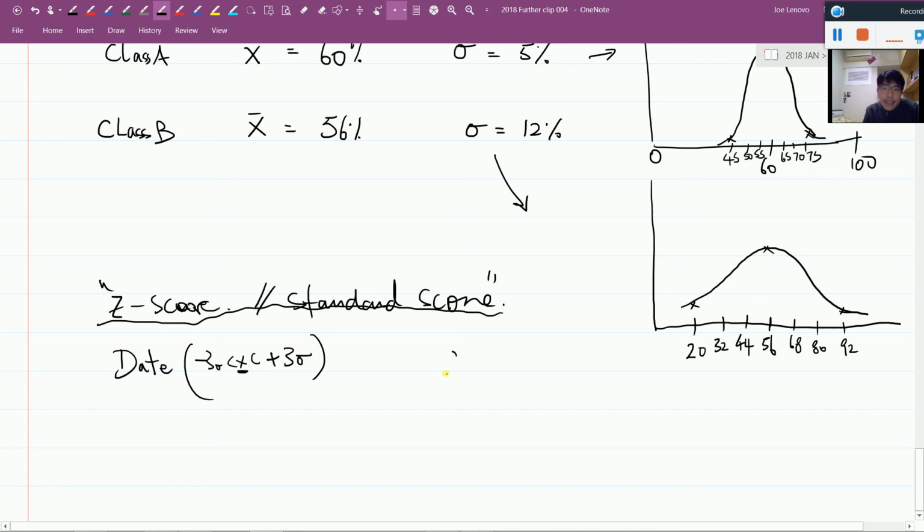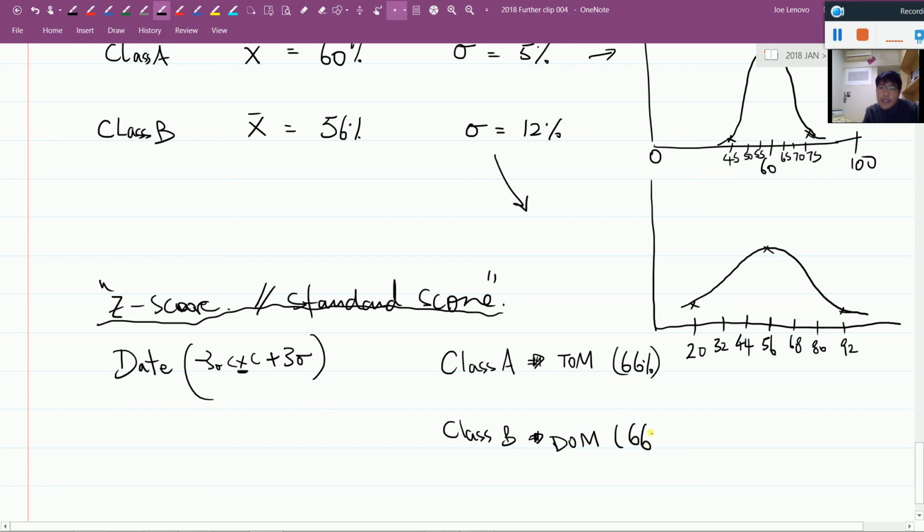In the class A, let's say Tom scores somewhere 66% in the course. Compared with class B, we have someone else. We have Dom.